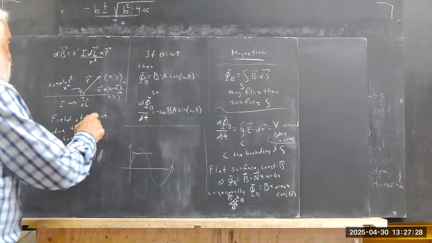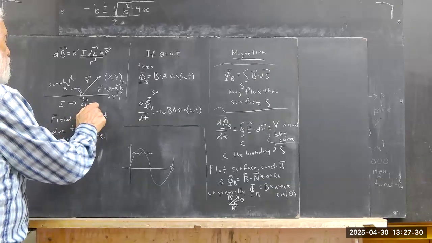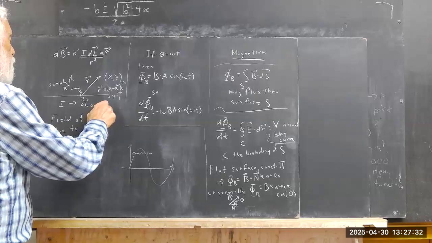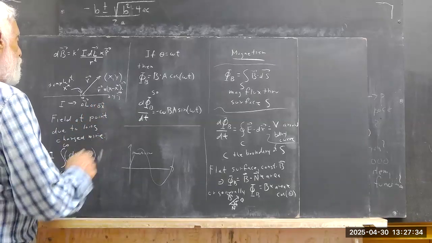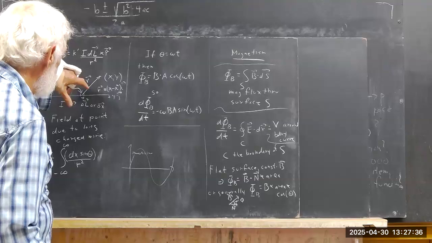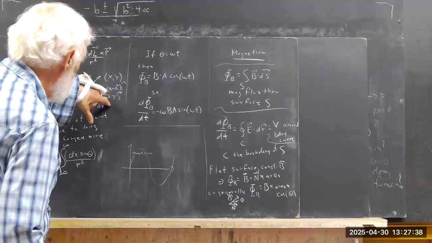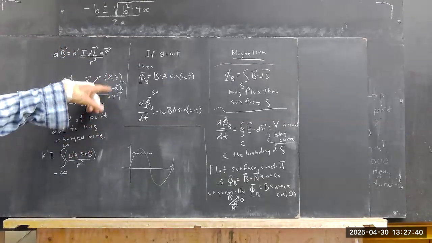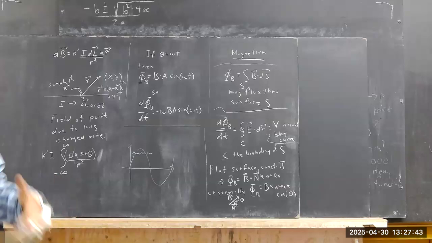So that delta X cross R, you could just do delta X cross R and write it out in coordinates.